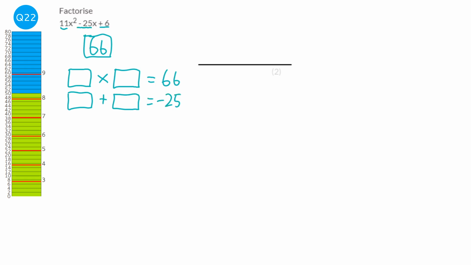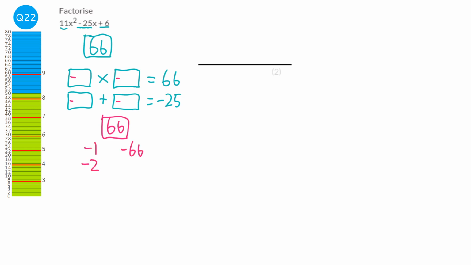Now, something we know about these numbers straight away is they must both be negative, because they sum together to make a negative, but when they're multiplied they make a positive. The only way that can happen is if they're both negative. So I'm going to look at 66 and write all the factors of 66, but we know both of them must be negative.